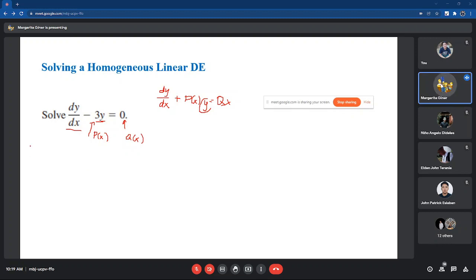So, considering your px is equals to negative 3, and then your qx is equals to 0. Okay? So, clear na tada? Standard form na siya. So, no need for us to convert. Now, we proceed with integrating factor.